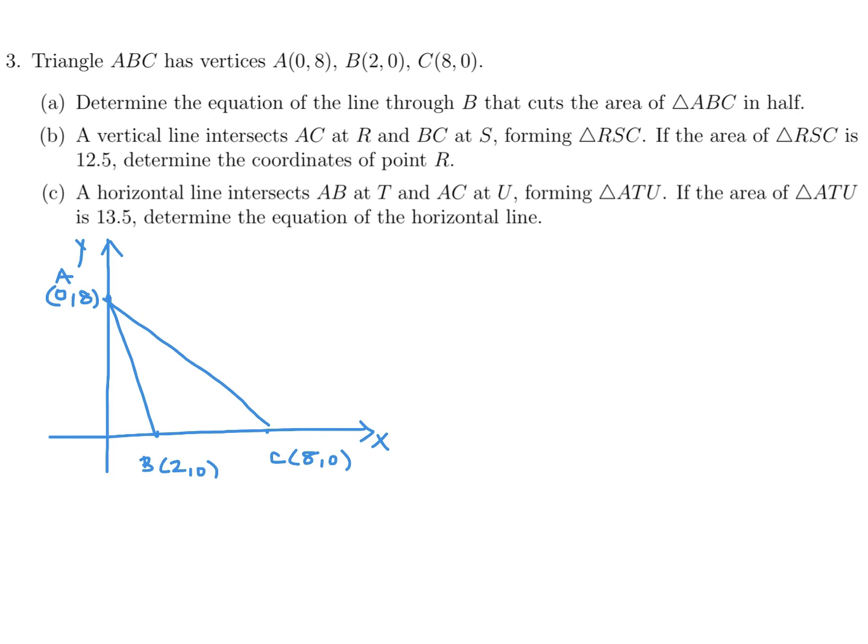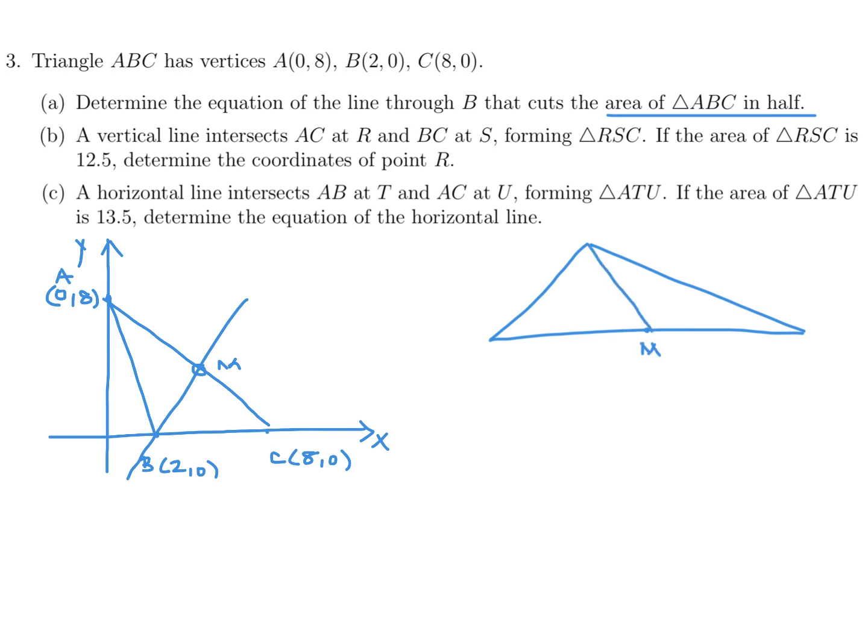All right, so we can safely deduce that this point right here would be the midpoint of AC, because if you have a triangle like this, and we want to cut the area in half, this would therefore have to be the midpoint, because if this is equal to that, the heights will be the same. So 1/2 base times height here would be the same as 1/2 base times height here. So that's why that is M for midpoint.